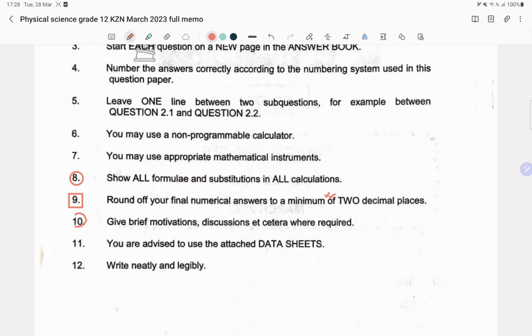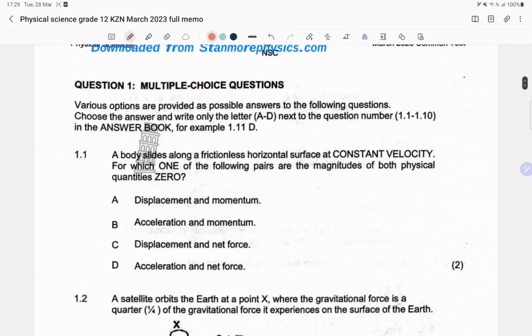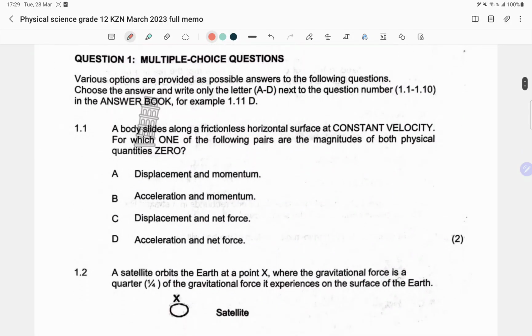Then of course give brief motivations, discussions, and absolutely anything that is acceptable in physics in explaining or expanding an idea. And then of course you're just advised to use the data sheet in case you run into a curve out of commission, but nonetheless you're not forced to write any formula in the way that it appears there.